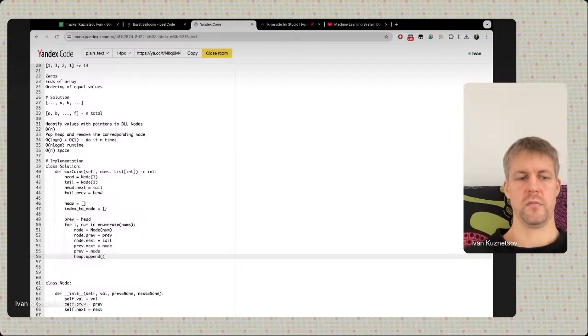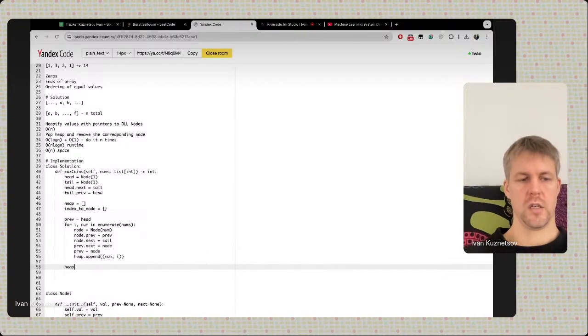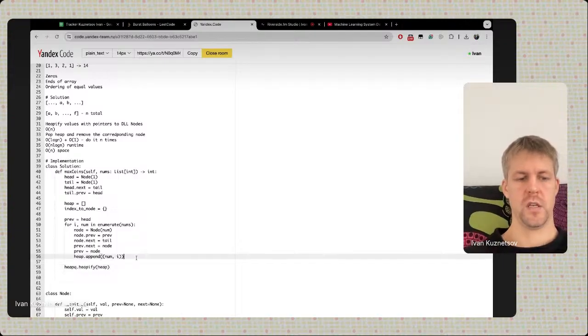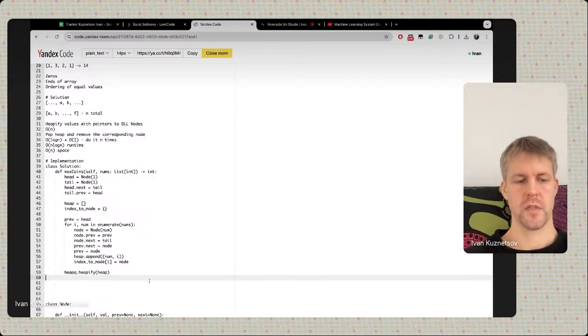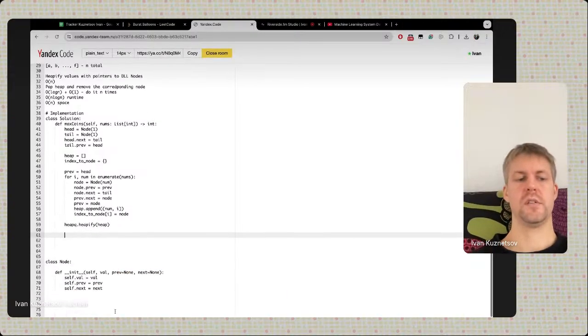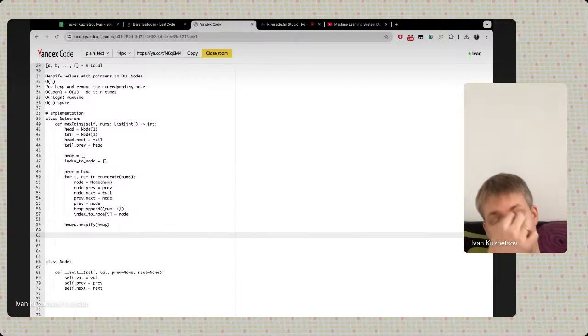We are appending value, which is num, and we are appending index, which is i. Okay. Now heapq heapify heap, this is done. And then index to node, yes, we can also do it here, equals node. Okay, so this is all the preliminary work that we need to do.